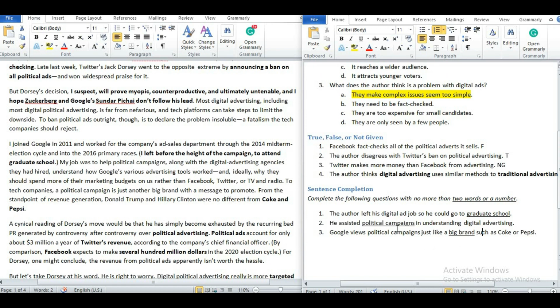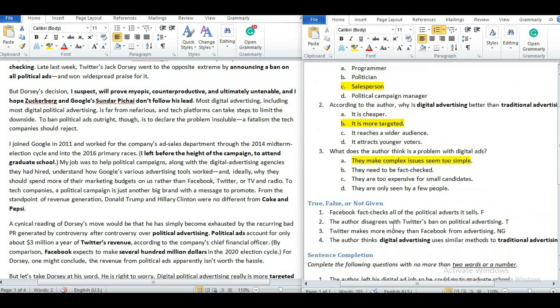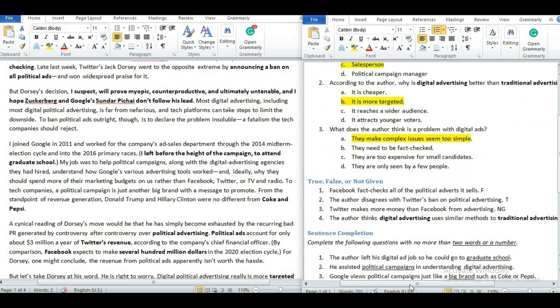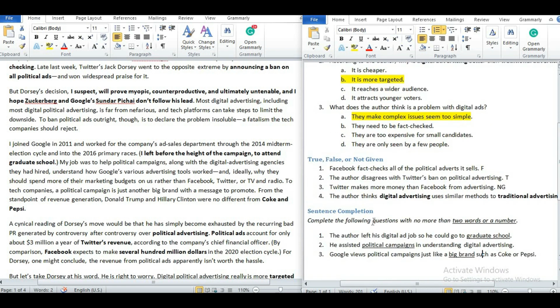Right, so hopefully this has been helpful for you, and you will be able to look at your next IELTS reading passage and figure out multiple choice questions, true, false, not given questions, and sentence completion a little easier.